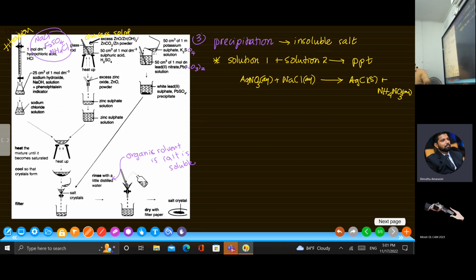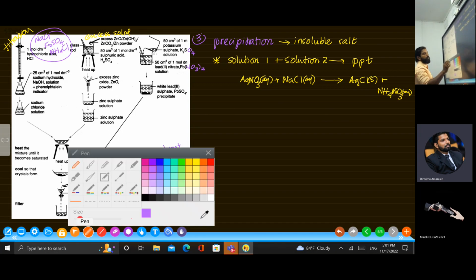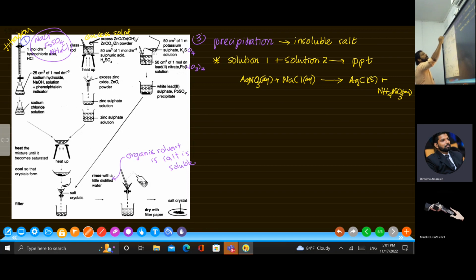Copy this diagram at home. Write down the shortcuts. Method 1, titration. Titration is used to prepare which salts? Group 1 and ammonium. Other salts, excess solid.